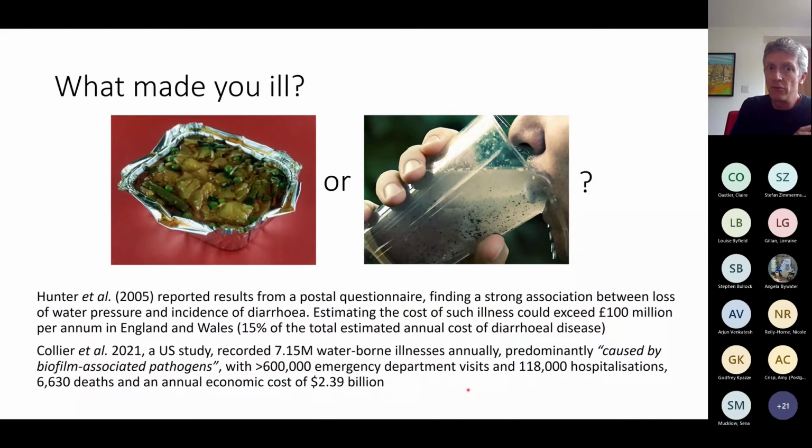We do, and drinking water is fantastic quality. I would still much rather drink drinking water than any bottled water, not just from a cost and sustainability point of view, but also from the actual quality it achieves. But when we do explore deeper, in the UK, our GPs, our medical services, aren't required to formally record cause of illness.